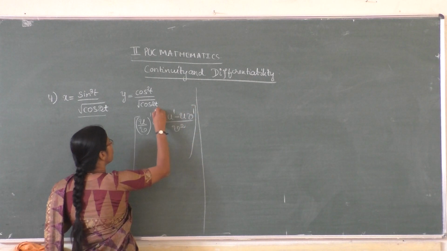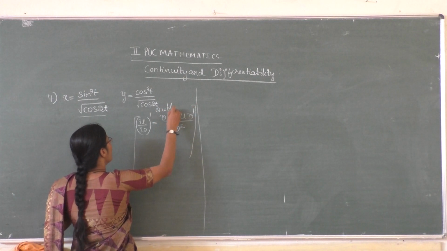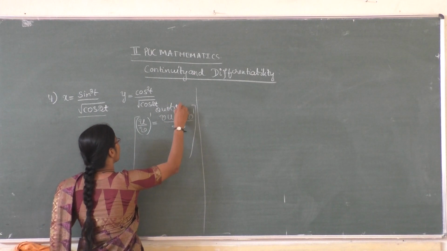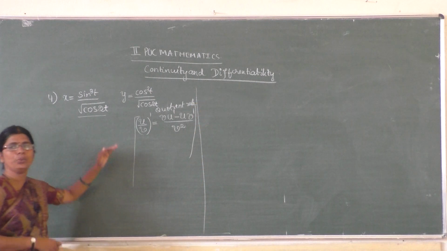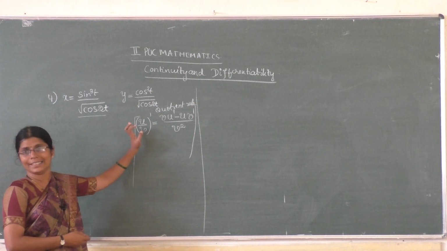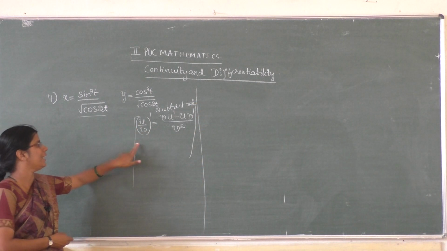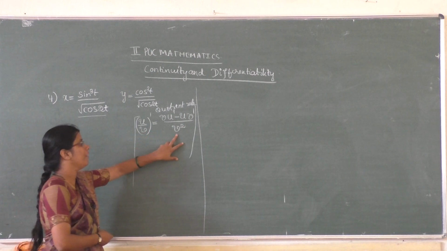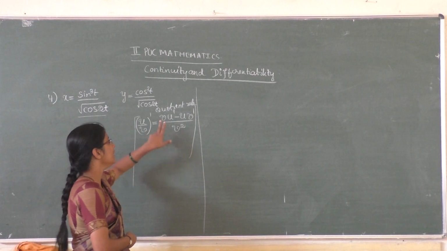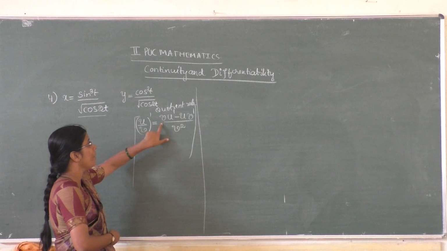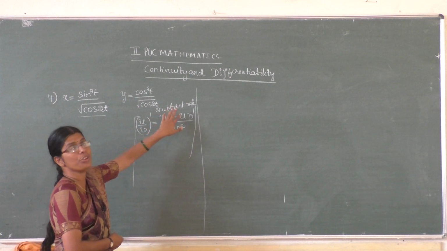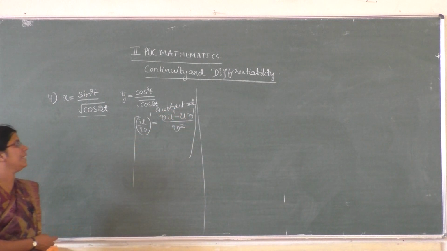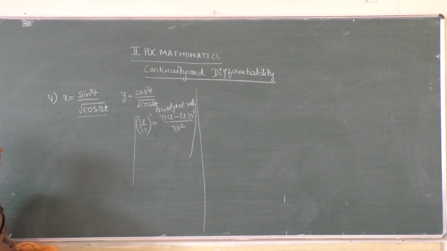This is quotient rule. Okay, suppose we have quotient of two functions u and v, u by v. You have to find the derivative of this: u by v dash, we get v square in the denominator, in the numerator, denominator into derivative of the numerator minus numerator into derivative of the denominator.